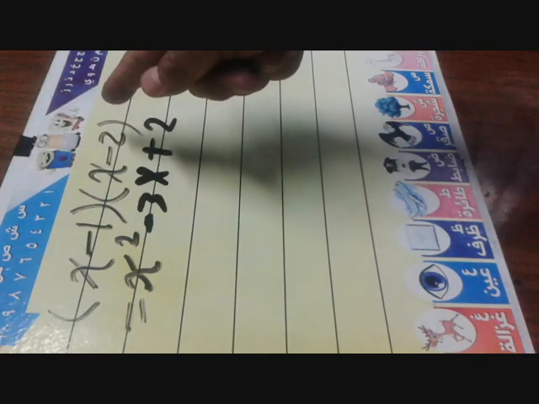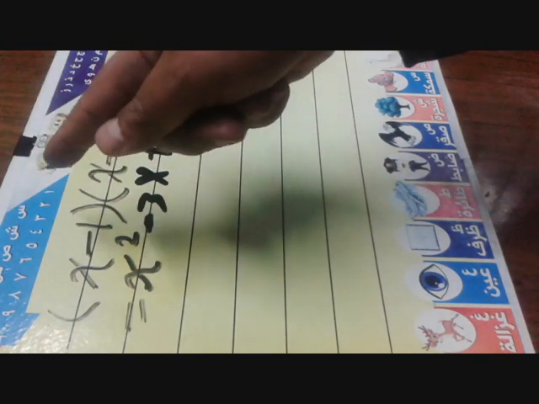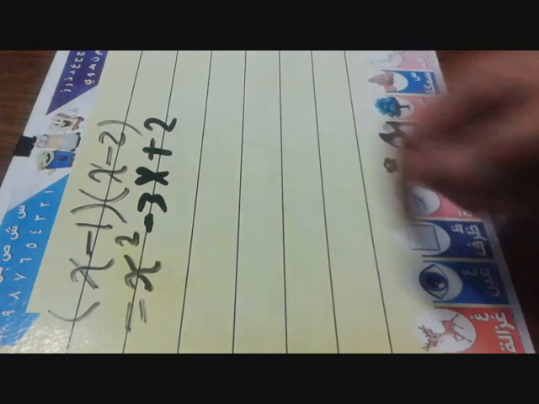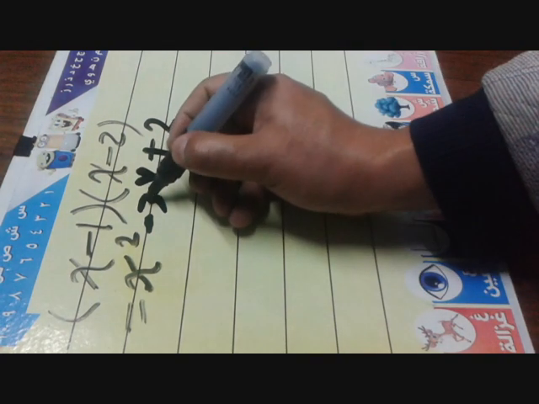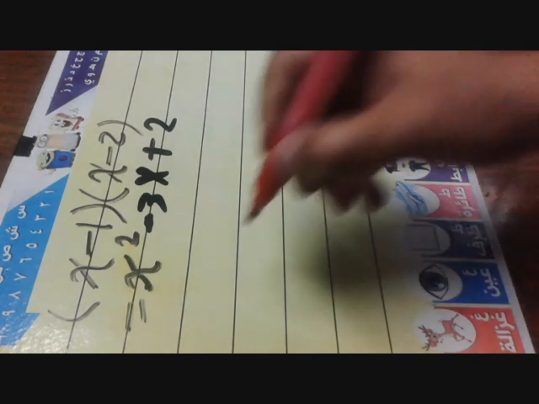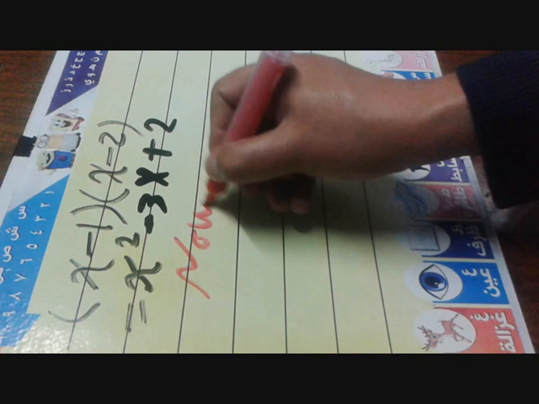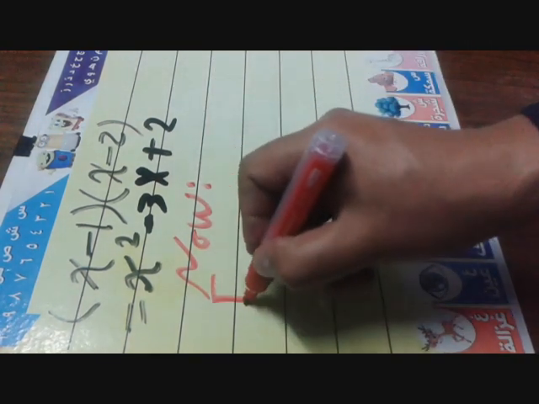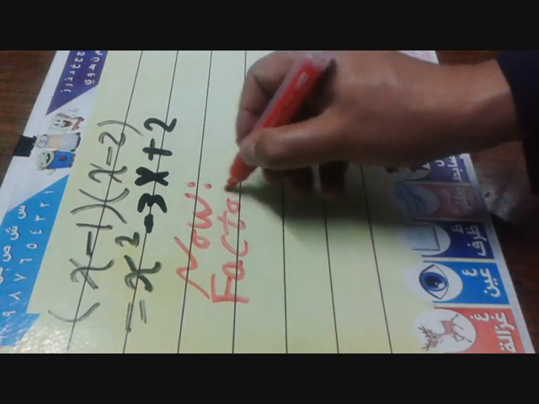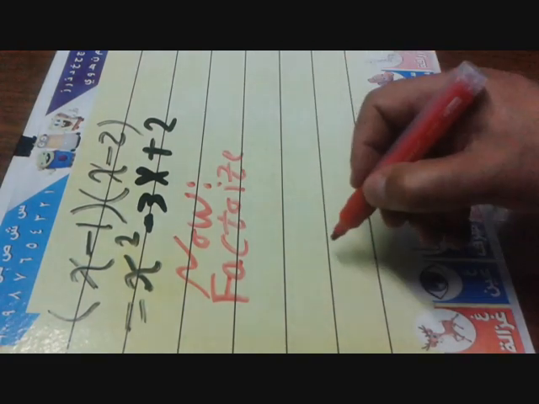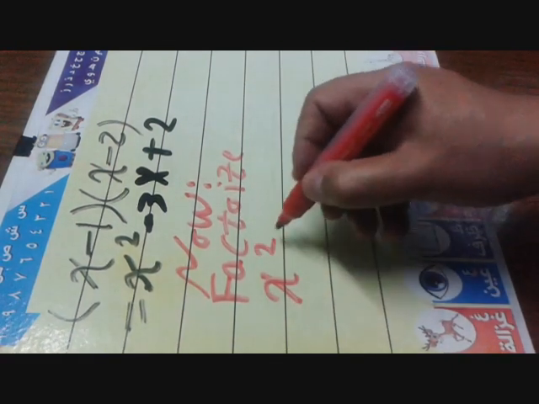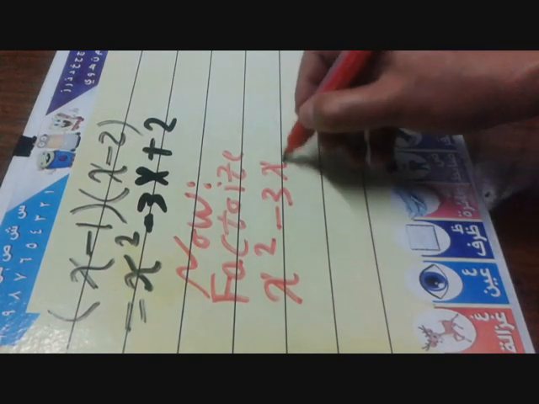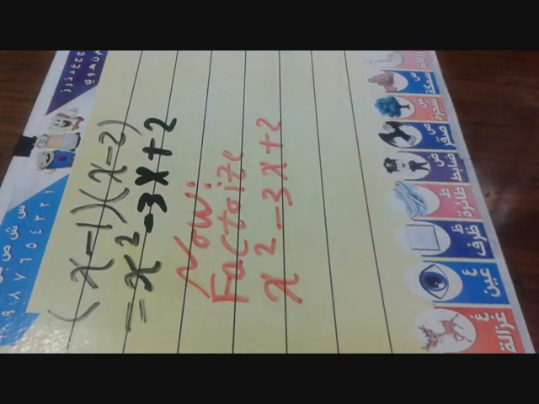The outer terms plus the inner terms equal the middle term here, negative 3x. Now factorize x square minus 3x plus 2.